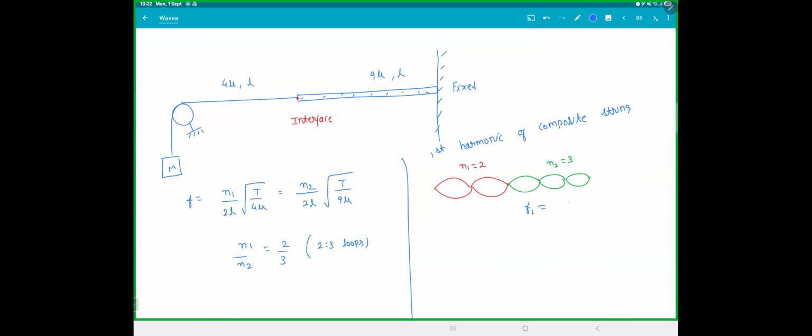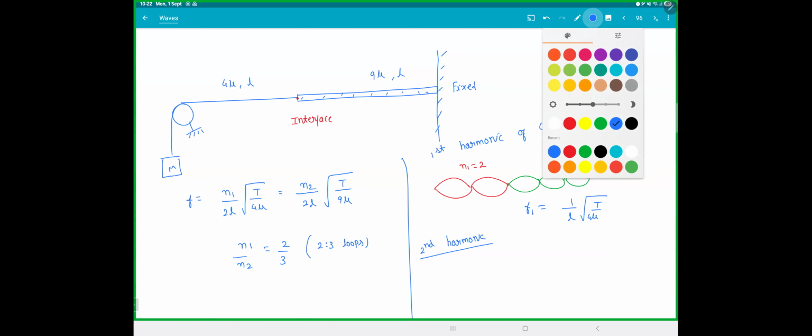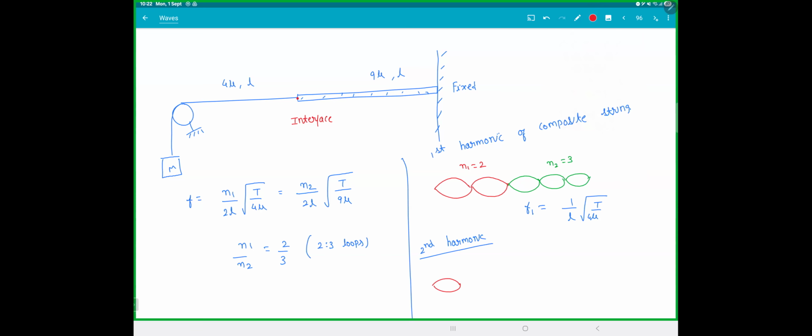Your first harmonic is 1 by L root over T by 4 mu. What is the second harmonic? Remember, the ratio has to be 2 is to 3. Meaning this guy will form 4 loops, and this guy will form 6 loops.